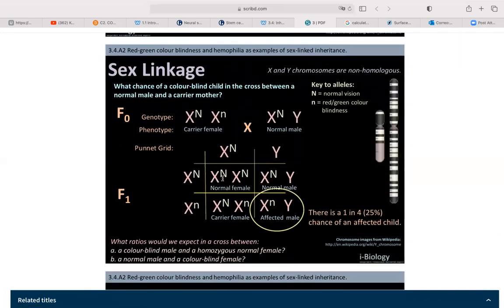Okay, we have a normal female, remember, normal male. Then we have a carrier female because these are heterozygous, and we have an affected male. So there is a 1 in 4 chance of an unaffected child, okay? Because this is the carrier, she's not going to have the disease, but the child that is a male is going to have the disease.